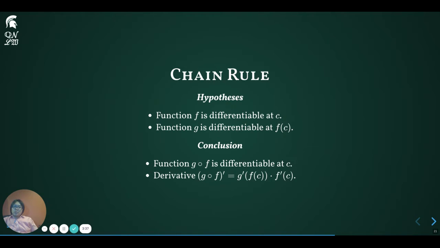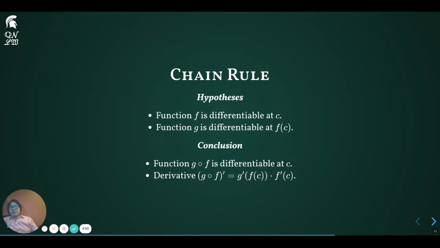Our conclusion is that if we look at the composed function g composed with f, remember that this means the function we get by applying f first and then applying g. So this function has the same domain as f and the same codomain as g. This function is also differentiable at c.